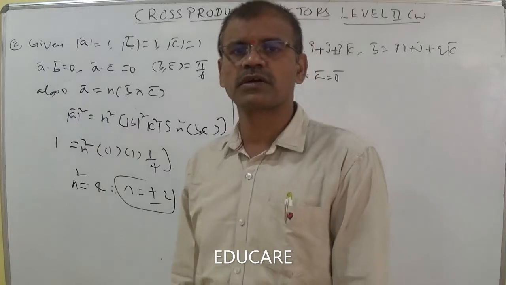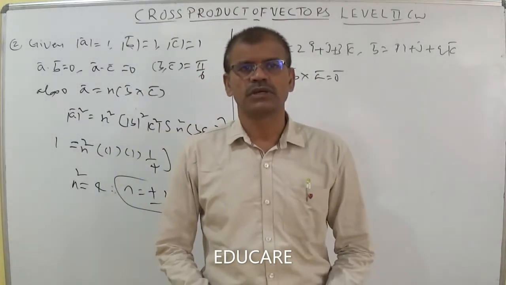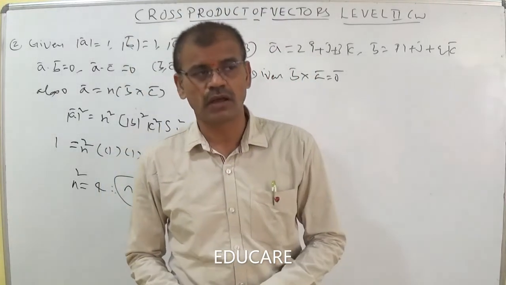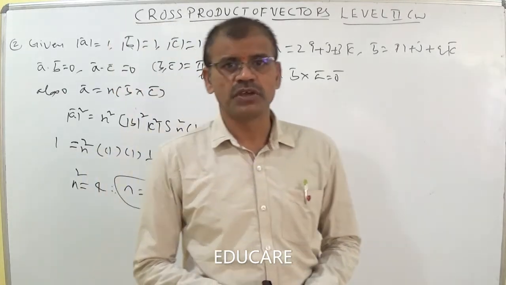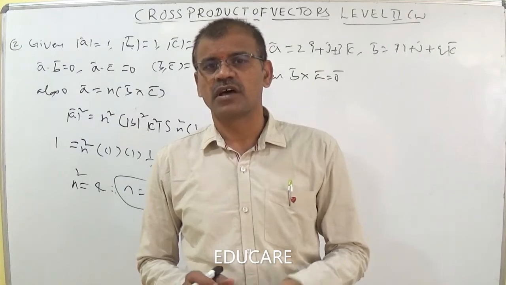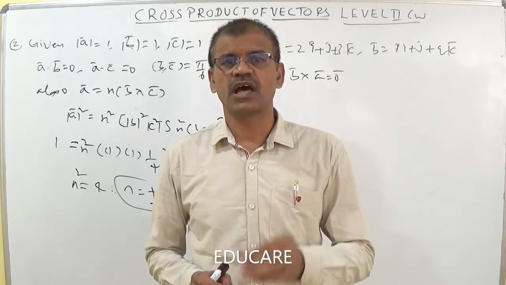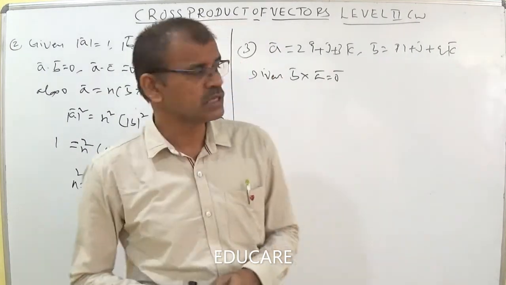Whenever the cross product of two vectors is 0, we can say that the two vectors are parallel or collinear. Whenever two vectors are parallel or collinear, the two vectors are in the same proportion.